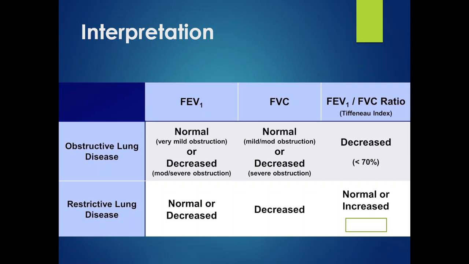Whenever you suspect restrictive lung disease, the ratio is normal or increased, the FVC is decreased, and the FEV1 could be normal or decreased. I don't want to confuse you with the slide, but the hallmark of the obstructive lung disease pattern is a low ratio, and the hallmark for restrictive lung disease is a normal ratio and decreased FVC.